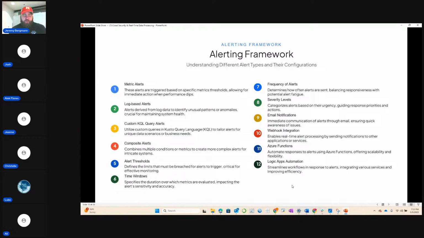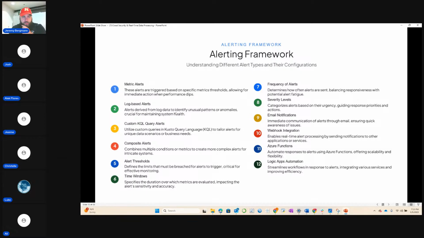So there's an alerting framework you can create out of all this. There are all sorts of different types of alerts. You could do this by the Azure Monitor tool, or within Fabric, that data alerting tool. So you can do metric alerts based on thresholds.